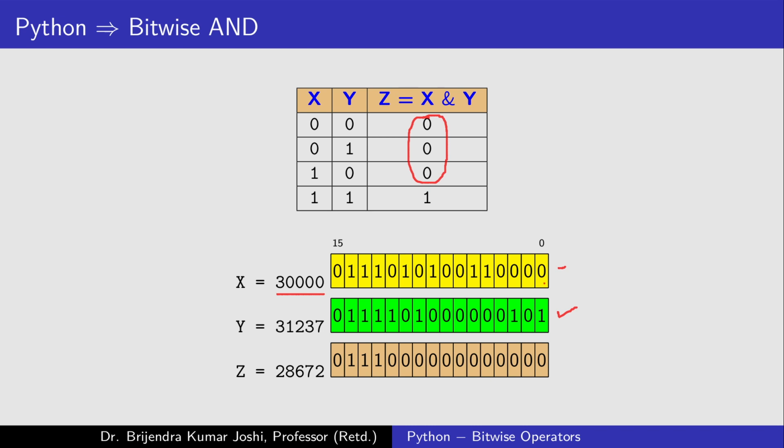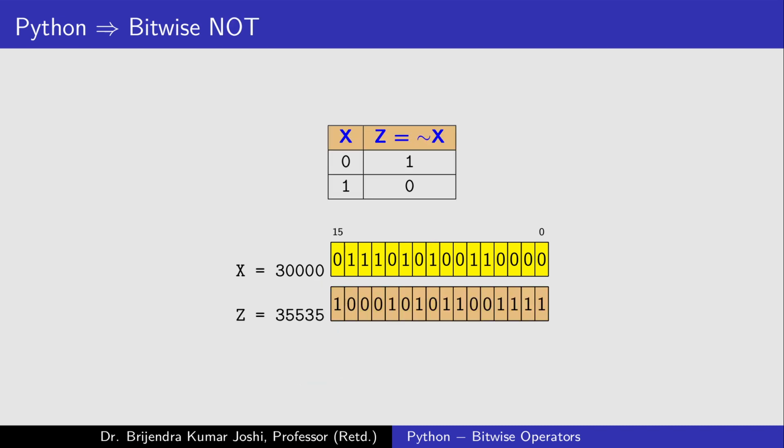You can see here, this is 0, so the output is going to be 0. Here, this is 1, this is 1, so the output is 1. Likewise, you can verify that the bitwise AND of 30,000 and 31,237 is 28,672. Simple.